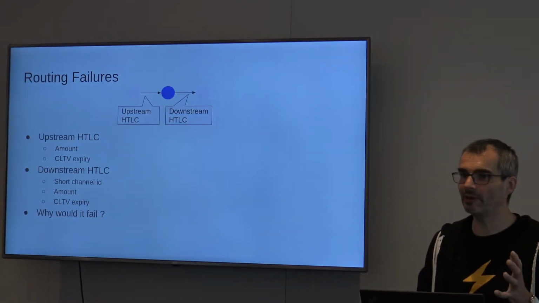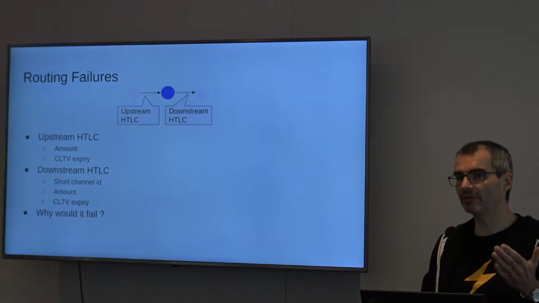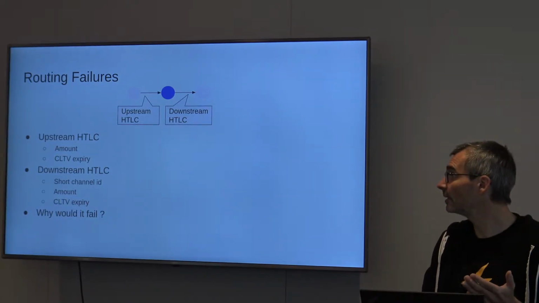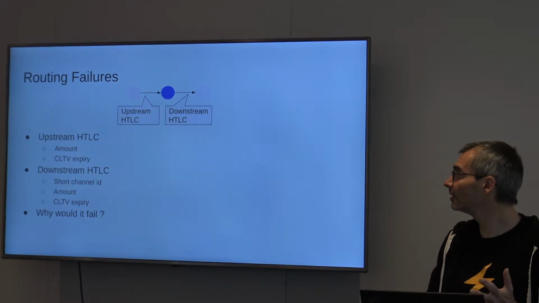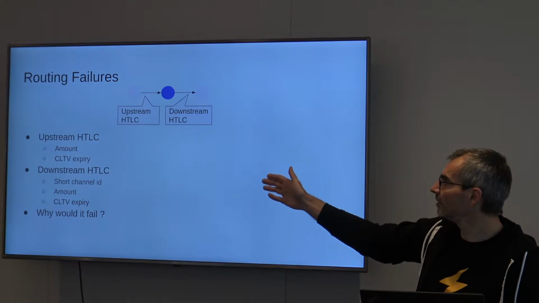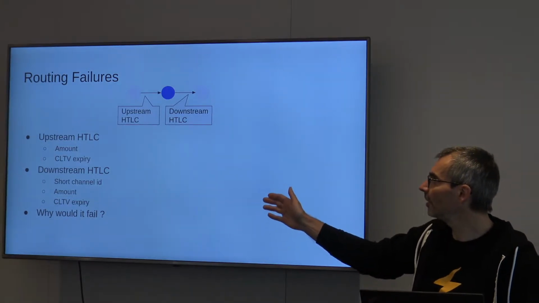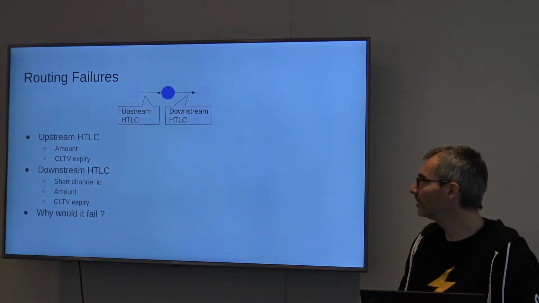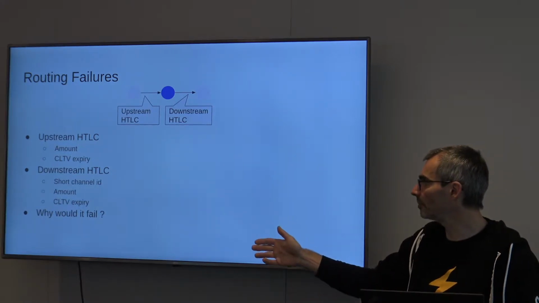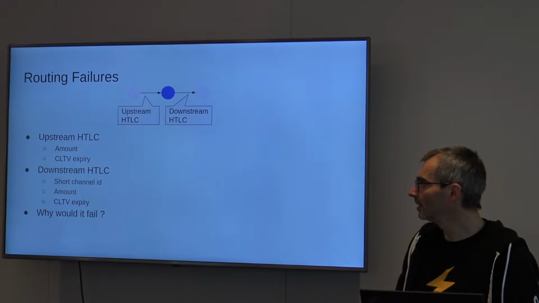The node that is relaying a payment has an incoming payment, we call it upstream, and an outgoing payment, downstream. And it's relaying payments. It has an amount and an expiry on the upstream side, and on the channel that it's supposed to forward the payment to, it has also an amount and an expiry.